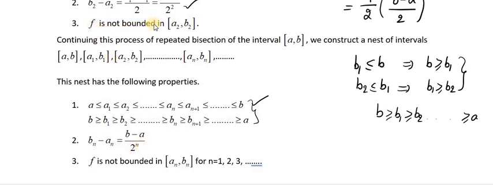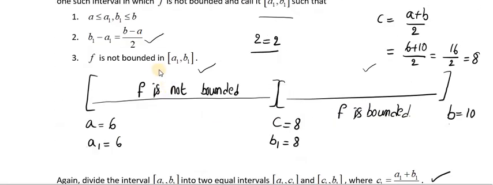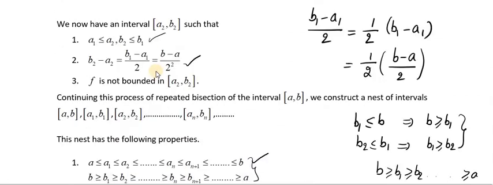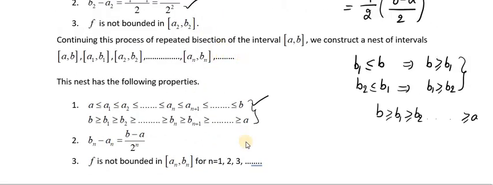Here f is not bounded in closed interval a2 b2. Therefore, f is not bounded in closed interval an bn. Here n is 1, then we get the first case. If n equal to 2, then we get the second case. Similarly for the remaining intervals. So this is the generalization of above two concepts.